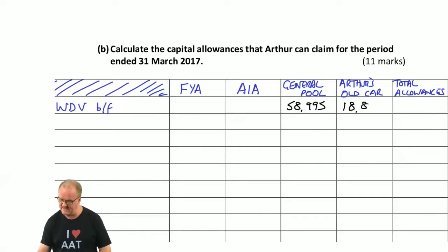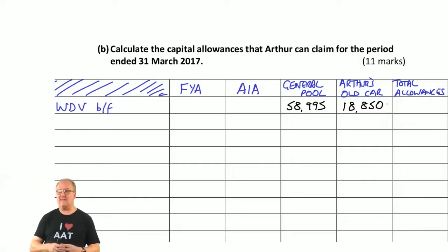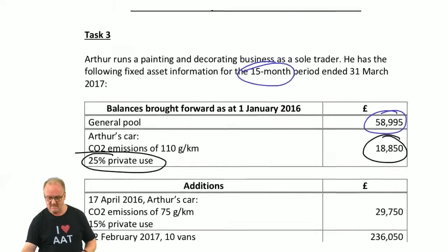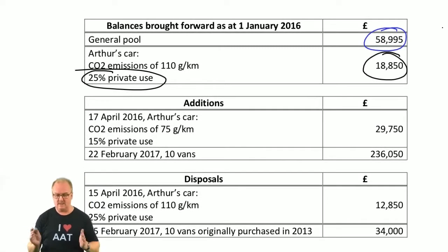Now I've said his old car because I happen to already have noted that that car is going to get sold during the year, so it's going to be disappearing. And because it's going to be disappearing, the fact that its CO2 emissions are 110 grams per kilometre is not really going to be of any interest to me, because I'm not going to be doing a writing down allowance on that car because it's the year of disposal. Okay, those are our brought forwards.